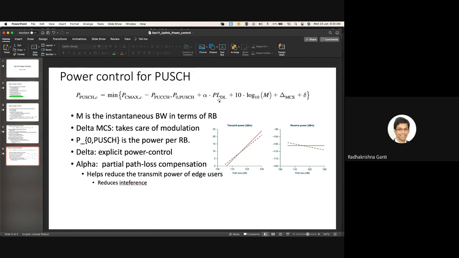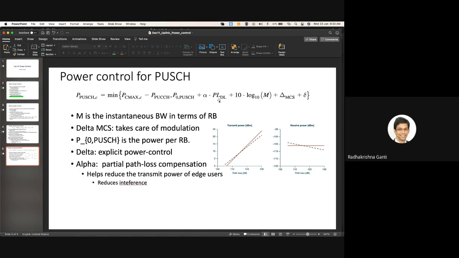See, what happens is, PUSCH occupies a much larger bandwidth also. If multiple users are transmitting in a cell, everyone tries to compensate for their path loss. If everyone tries to compensate for the path loss exactly, you can show that the inter-cell interference increases. For example, there's a UE at the cell edge that is shared by two base stations.